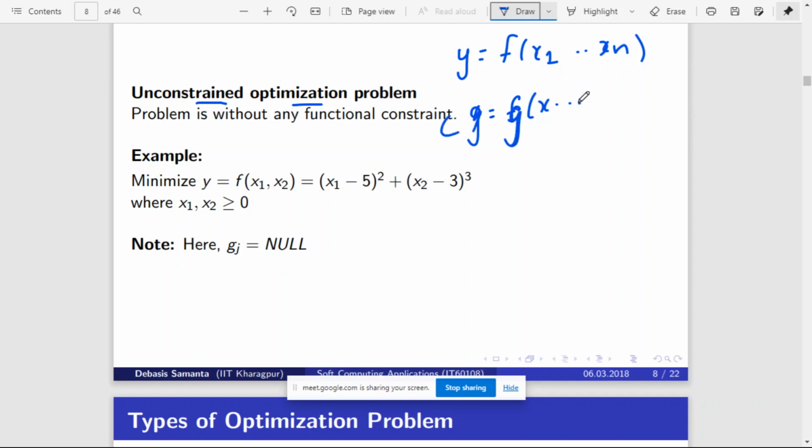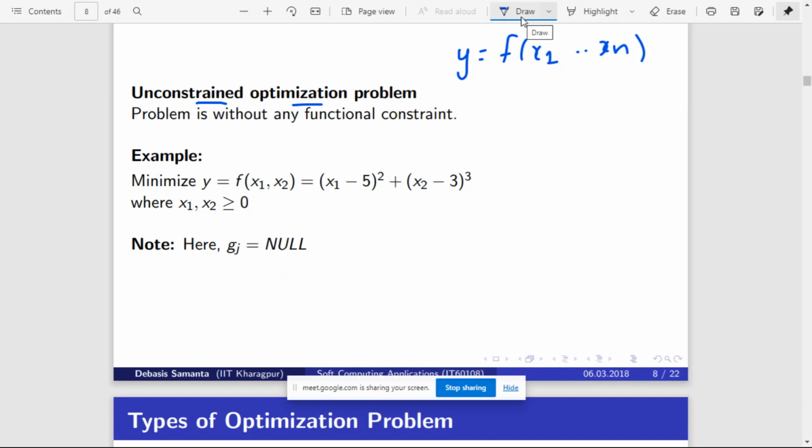The constraint c is nothing but g of x1 up to xn, and it operates on some constant ci. So this is a relational operator. But there can also be optimization problems without any constraints. Such optimization problems are called unconstrained optimization problems. That is, they don't have any constraints.